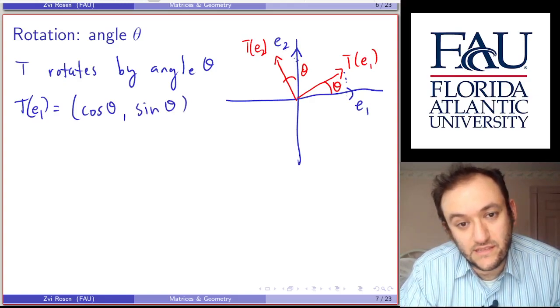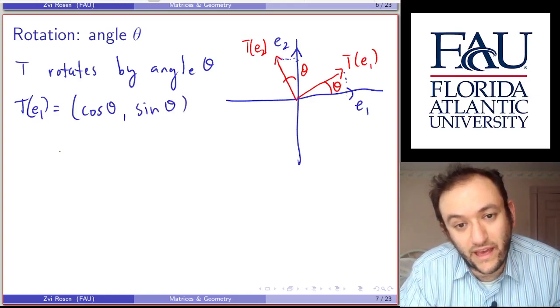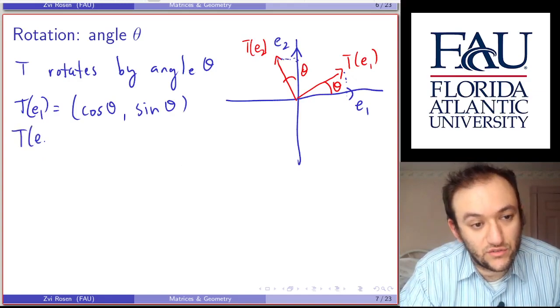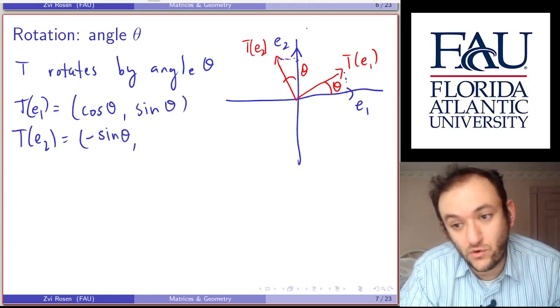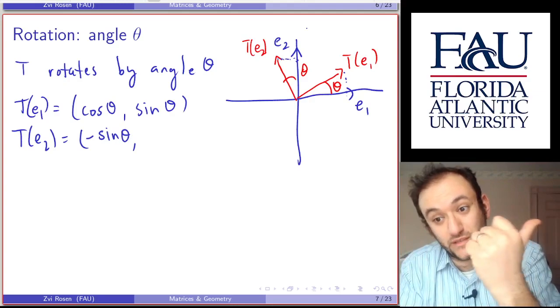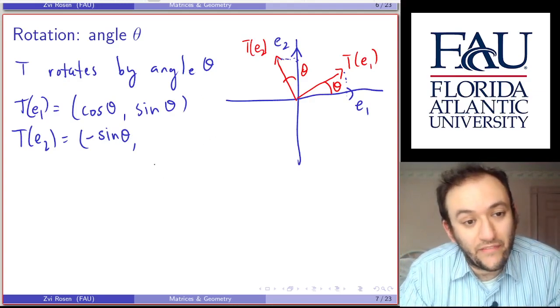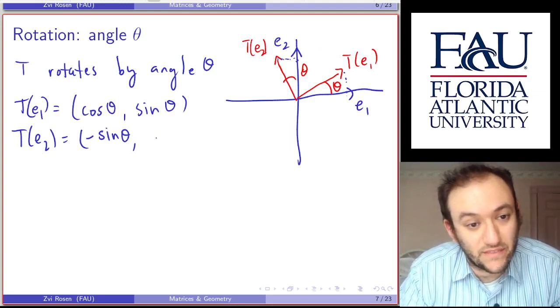And doing the same exercise for T of e2, we get minus sine theta, because horizontally you have sine theta pointing to the left, and the vertical component is cosine theta.